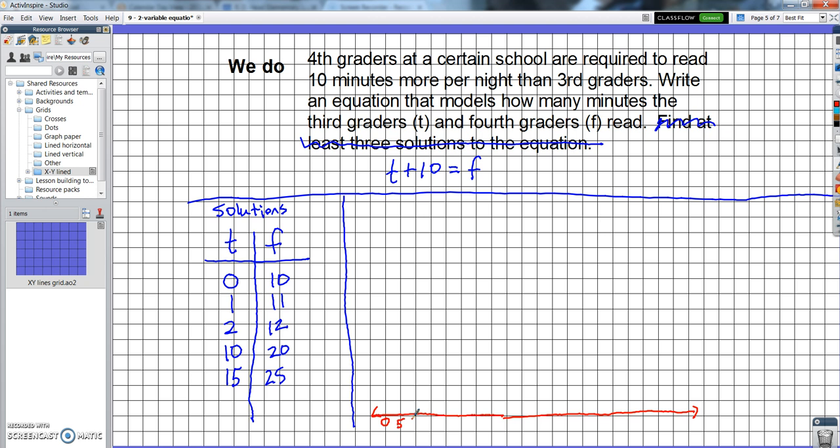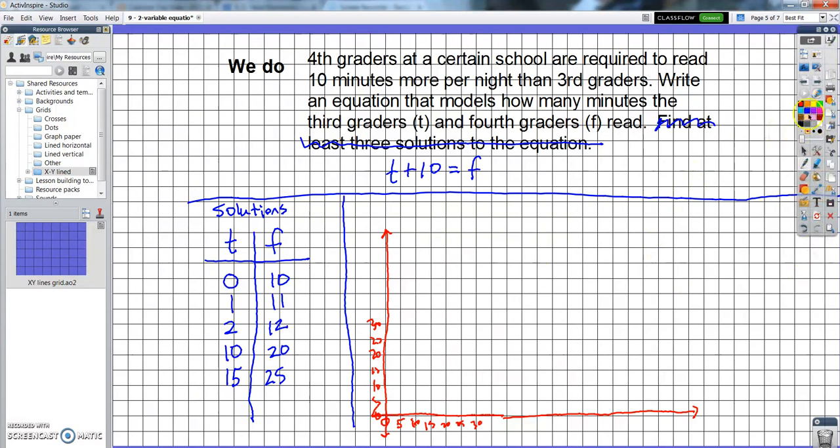And remember, your scale goes on the lines, not on the spaces. And then we're going to do another number line right through the 0. And maybe same thing, 0, 5, 10, 15, 20, 25, 30, and so on.